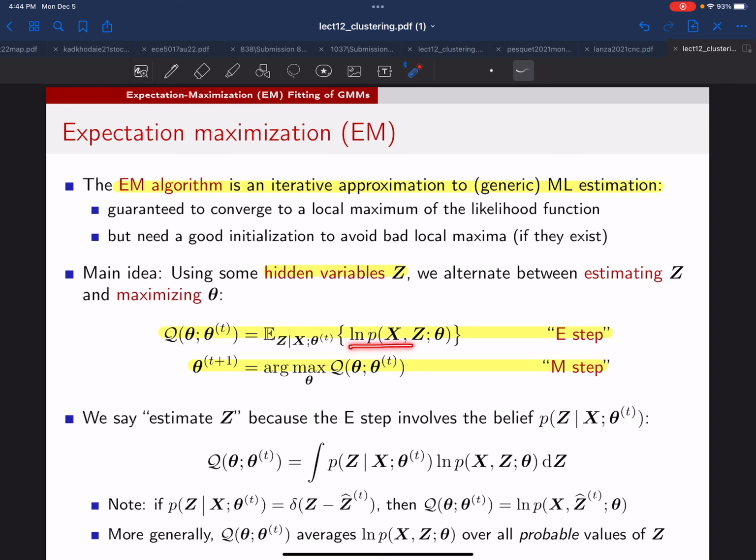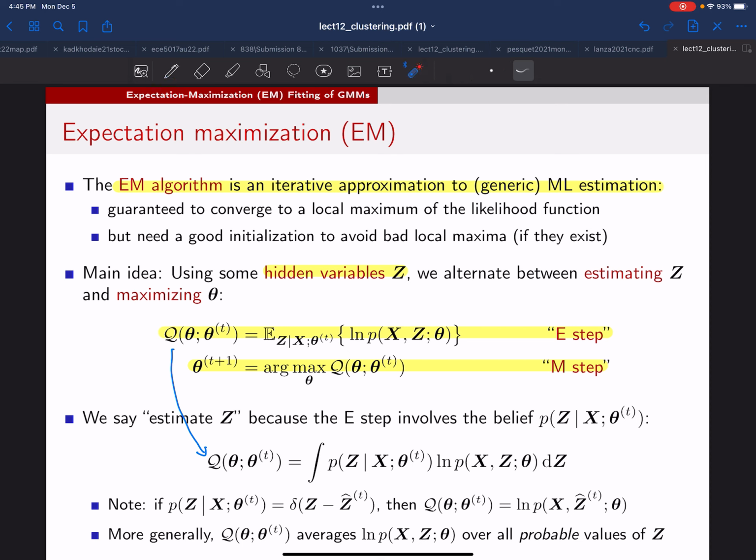So we're looking at the average value of this, but when we're computing that average, we're using a distribution. We're averaging over z for a fixed value of our data x and for a fixed guess of our parameters theta t.